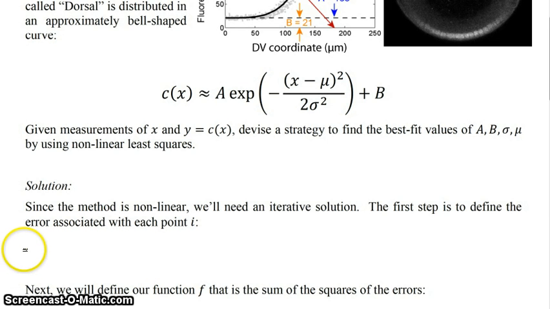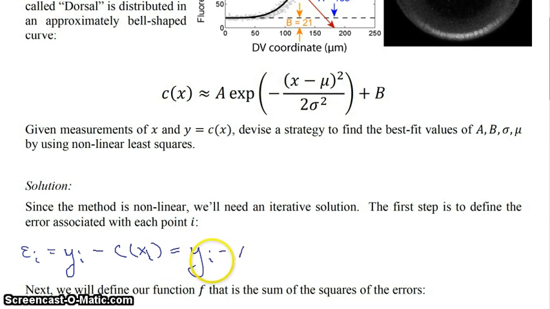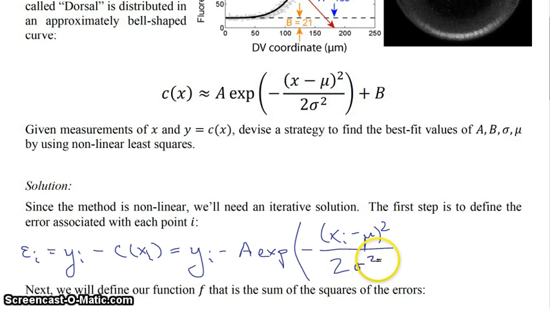So as before, we have this error term, which I'm going to call epsilon sub i, and that's equal to yi minus c of xi, or equal to yi minus a exponential of minus xi minus mu quantity squared over 2 sigma squared plus b, although that's actually minus b because it's minus both terms, right?